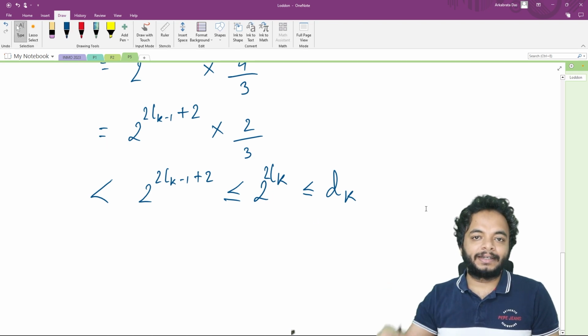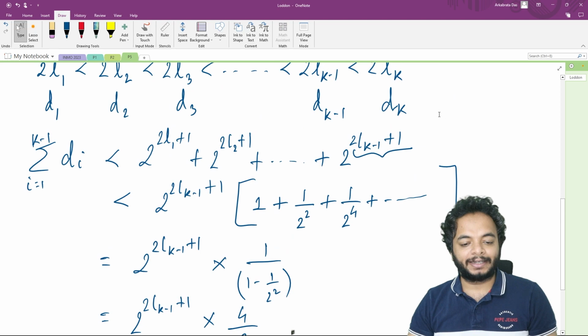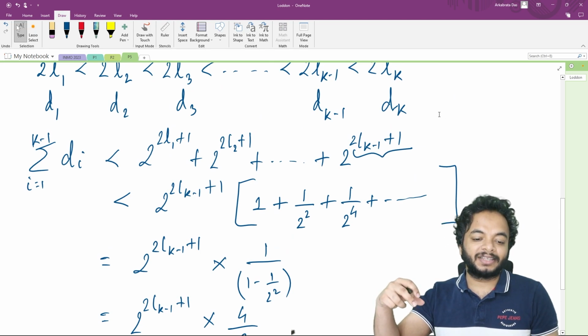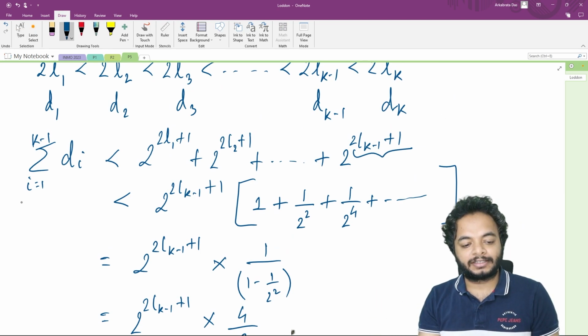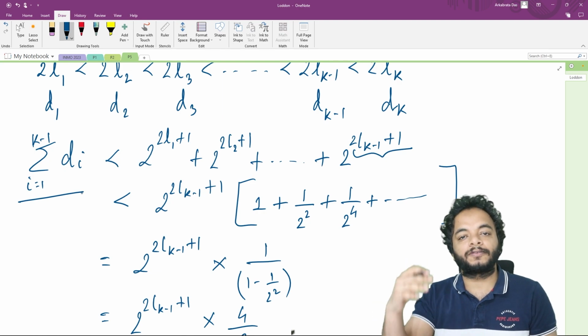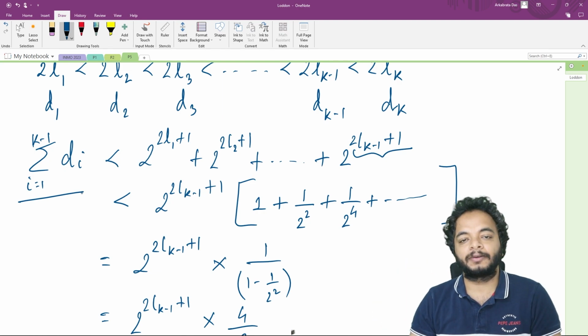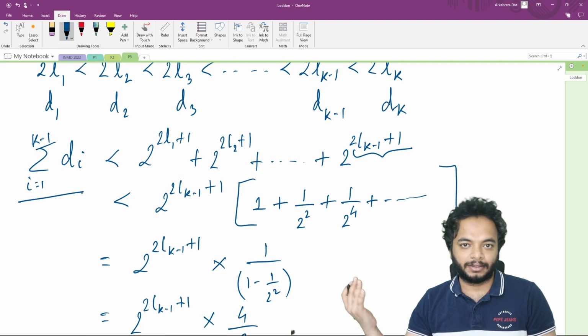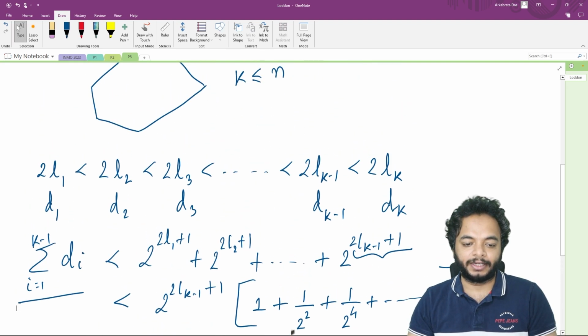So wherever that side d_k is, its length is strictly greater than the sum of the rest of the edges of that cycle.